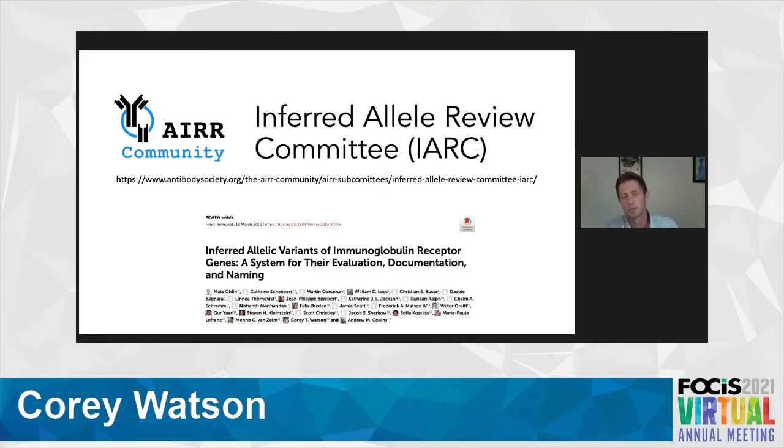One of the biggest accomplishments we've had so far was setting up the Inferred Allele Review Committee. There's a paper at the bottom which outlines the concept behind this committee and what it's trying to do. It's been focused on cataloging and curating alleles from AIRR sequencing data, and is now thinking about how this will extend into other types of genomic data as well, in which we know there are lots of variants to be cataloged.